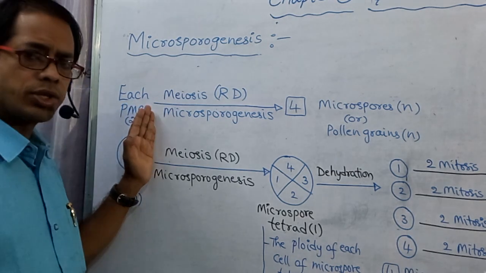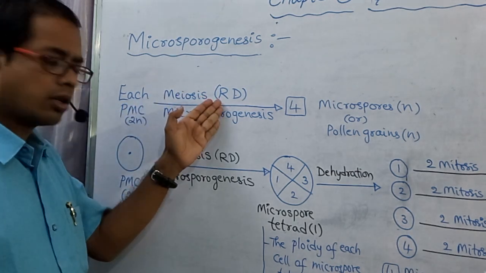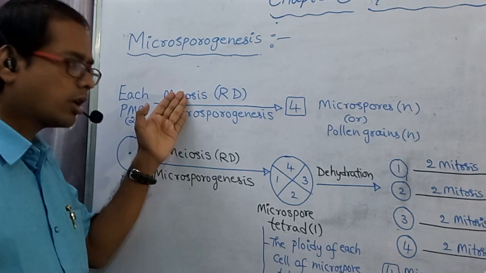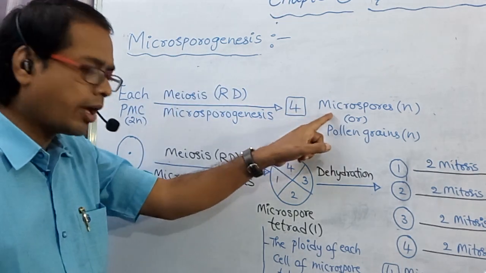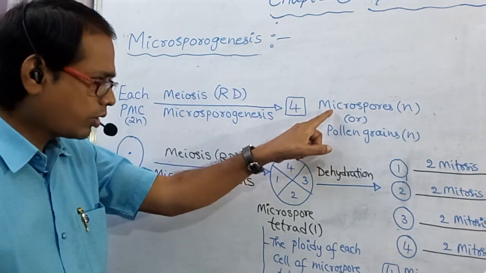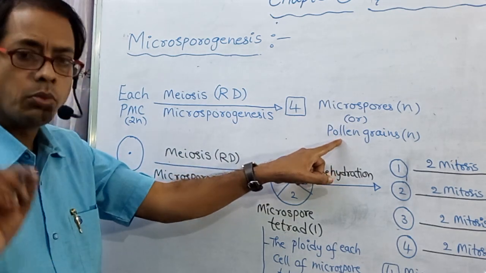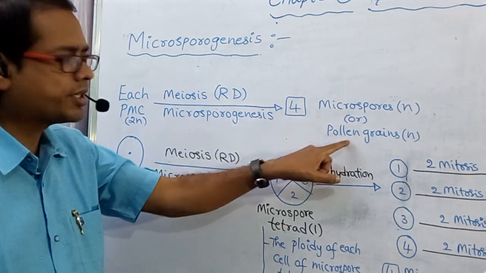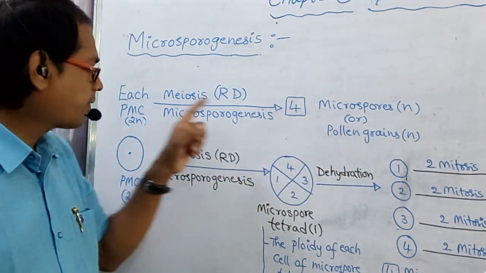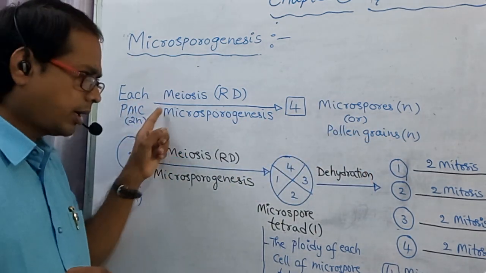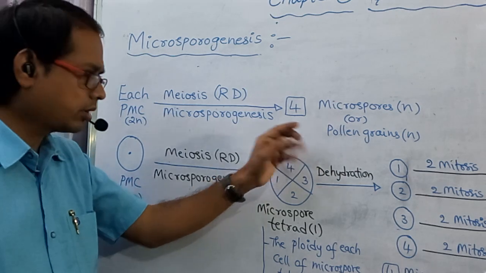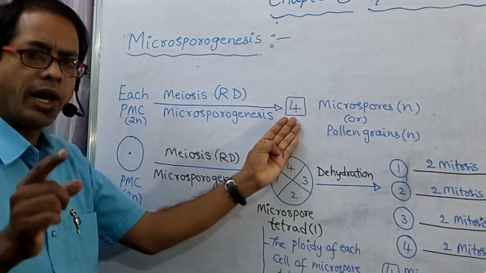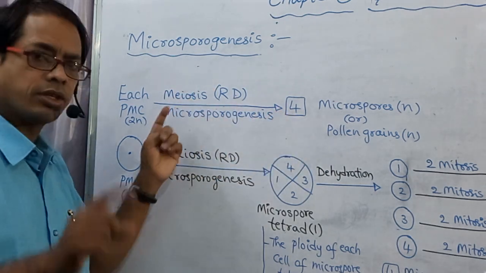It undergoes reduction division or meiosis and forms 4 microspores. Microspores are also called pollen grains. Ploidy of microspore or pollen grain is haploid. From 1 PMC, number of pollen grains formed is 4. By undergoing how many meiosis? 1.